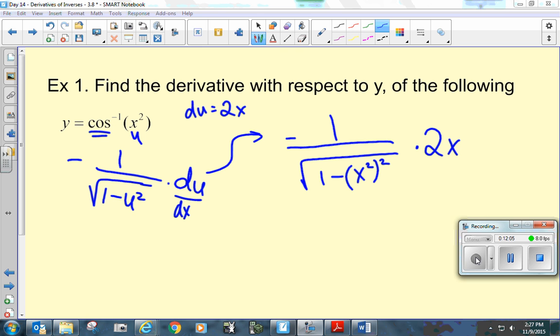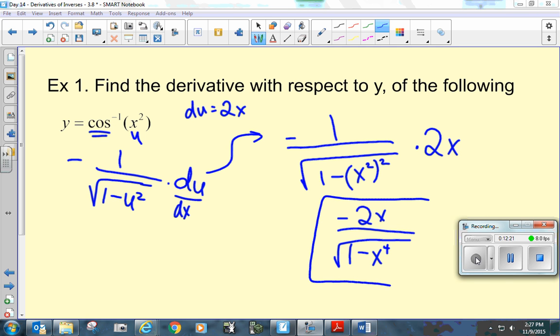When I multiply that, I have negative 2x on the top over the square root of 1 minus, what happens when I square x squared? It's x to the fourth. And that's it, right there. The square is underneath.